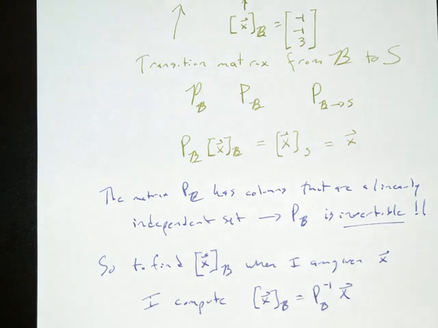This means that the coordinate mapping we were talking about earlier, that takes every vector and turns it into its coordinates, is a matrix transformation. And if it's a matrix transformation, it's a linear transformation.